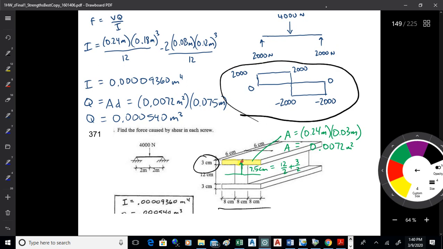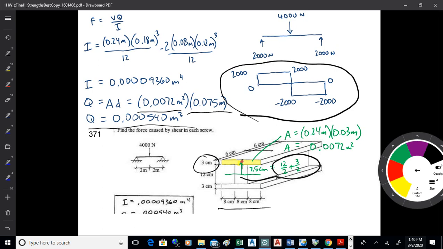So that's half of 12 is 6, plus half of 3 is 1.5. So 12 over 2 plus 3 over 2 gets you 7.5 centimeters. So you take the area in square meters times the distance in meters, and you come up with Q, 0.00054 cubic meters. That's what we call Q, and that's the value for that top board.